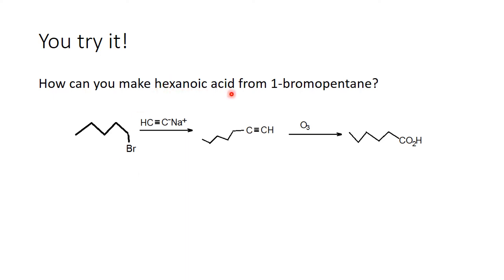You might have had trouble figuring this one out, but remember, every time you see hexanoic acid, that can come from oxidative cleavage. And so if you think about it, to get hexanoic acid from oxidative cleavage, you had to have had a minimum of 7 carbons.